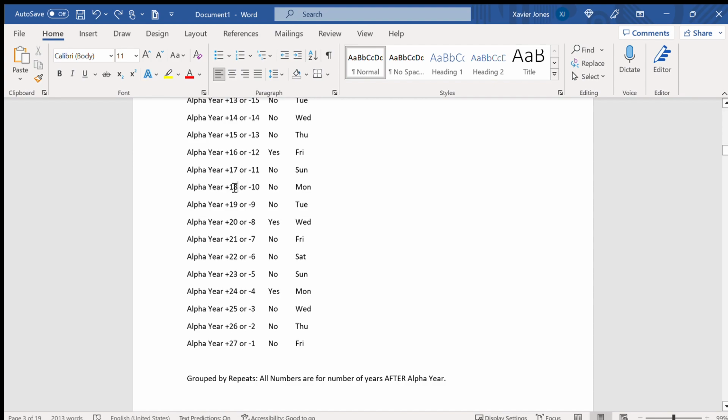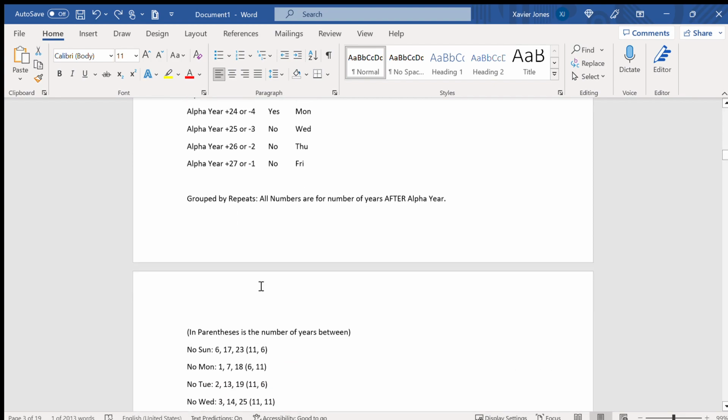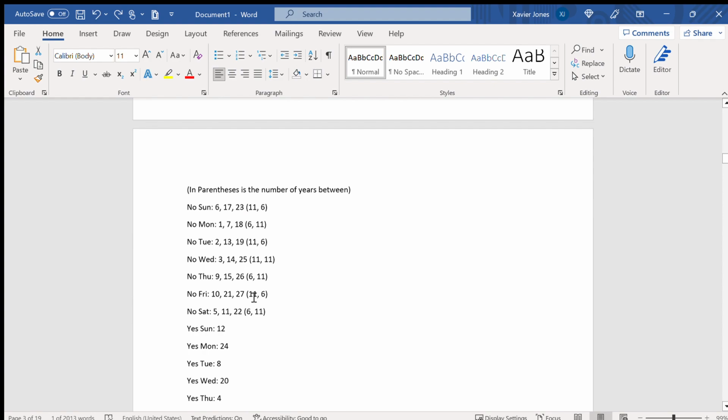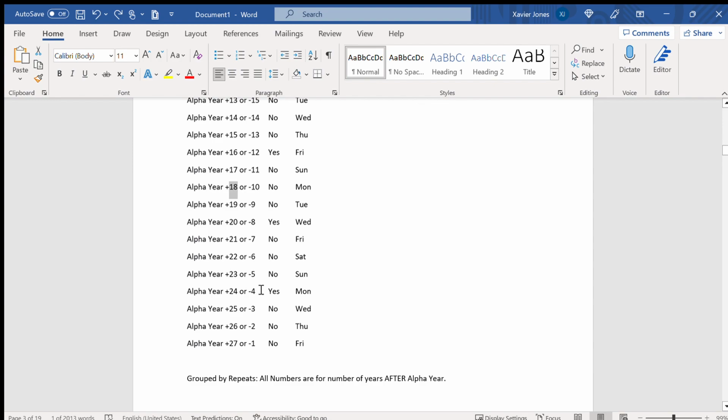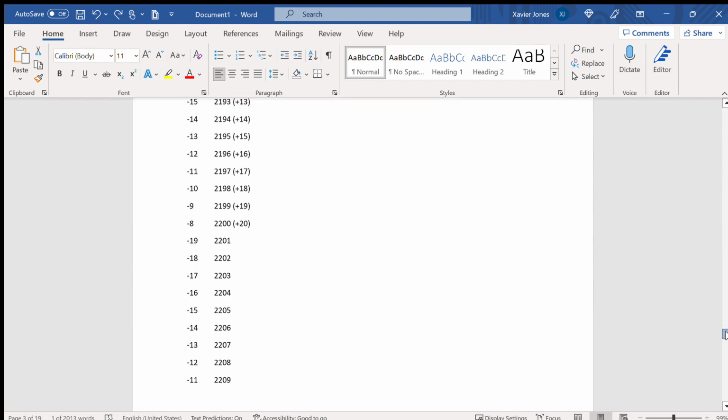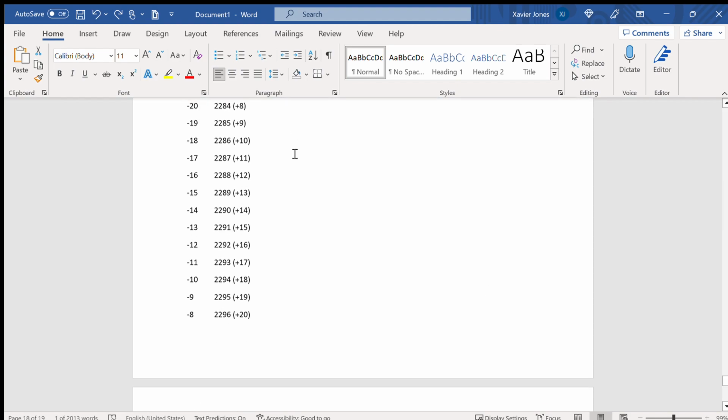Plus 18. So plus 24 and plus 18 apparently are in the same group. But that doesn't make any sense. What was it again? What am I missing here?